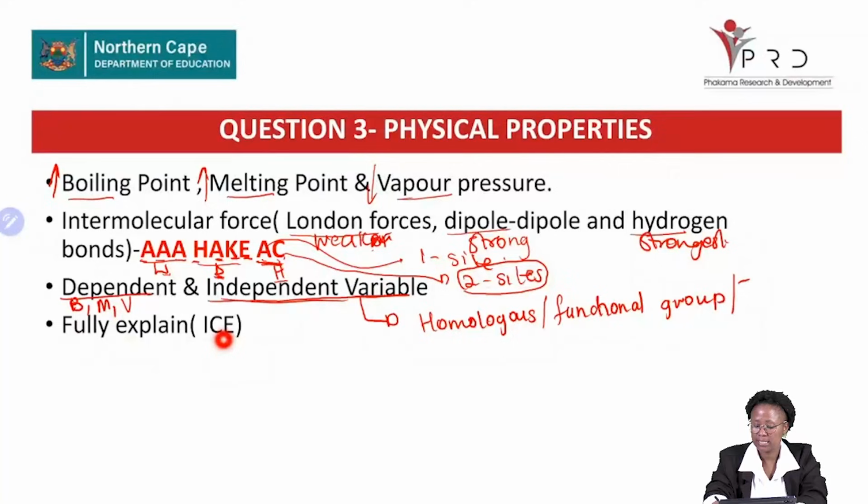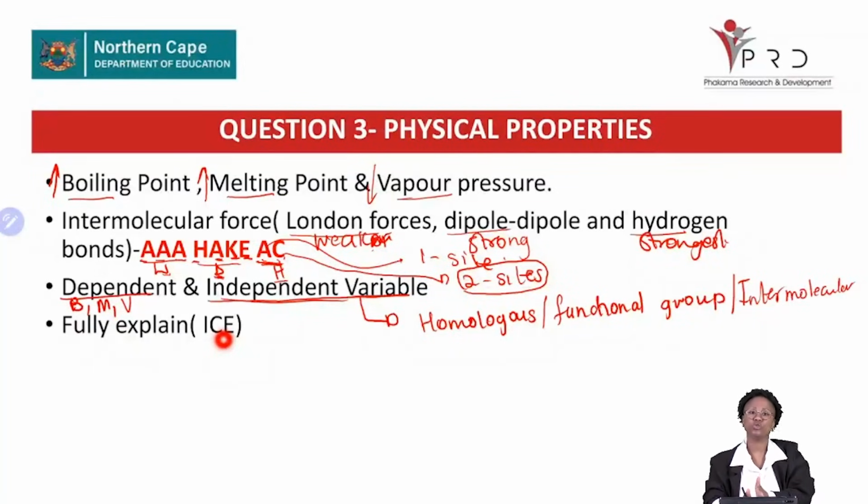Or you can just say the intermolecular forces. Because if they have different intermolecular forces, according to either which one is the strongest, that's when you will know which one will have a higher boiling point. By the way, the stronger the intermolecular force, the higher the boiling point, the higher the melting point, and the lower the vapor pressure. I hope you guys still remember that.